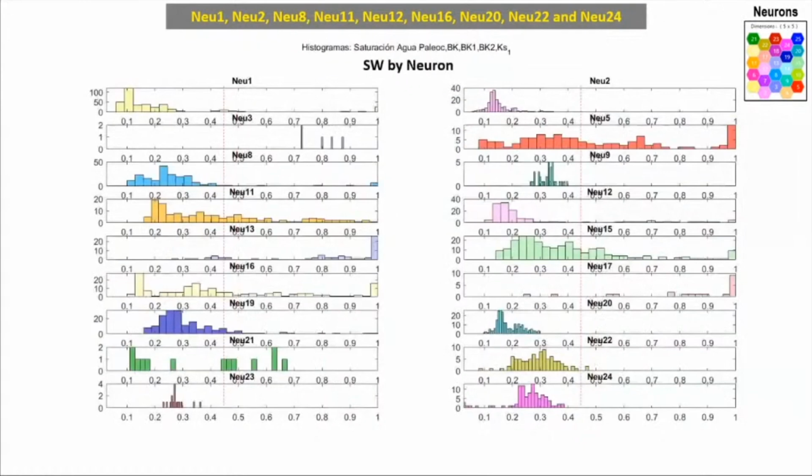Finally, we review water saturation distribution by each neuron to get a different perspective of the data, because at the end of the day, we want to find hydrocarbons, no?